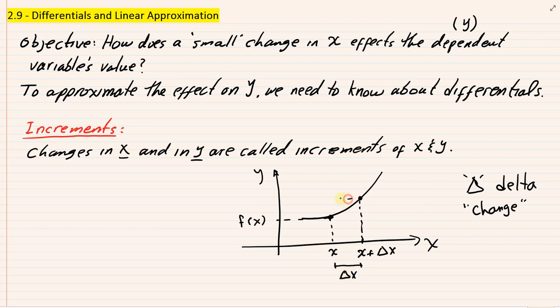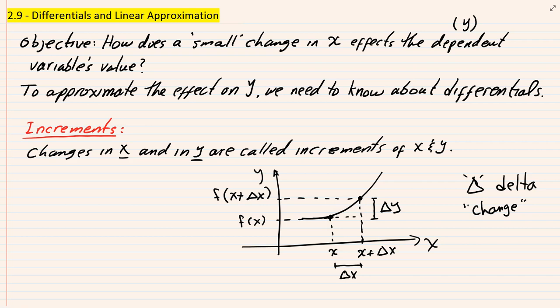Now, once you go delta x units over, then this would be f evaluated at x plus delta x, correct? And that's all that is. So delta y, therefore, is the change in y, and delta x is simply the change in x. That's this distance. And that's all increments are. So I'm going to write this now.